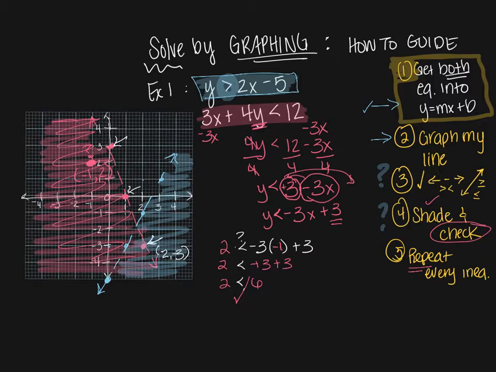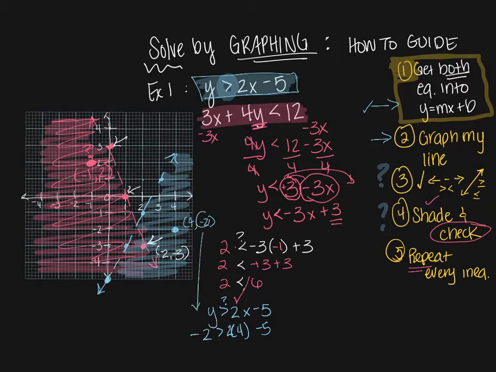All right, I shaded over here. So let's pick a point over here. This is x is 4 and y is -2. And so is it true in the equation y is greater than 2x minus 5, is it true that 2 times 4 minus 5 is less than the y value?